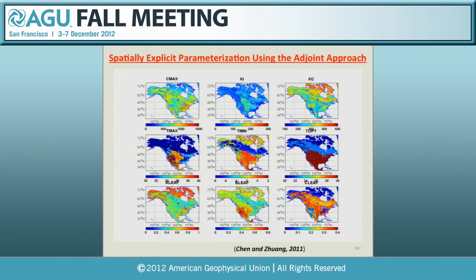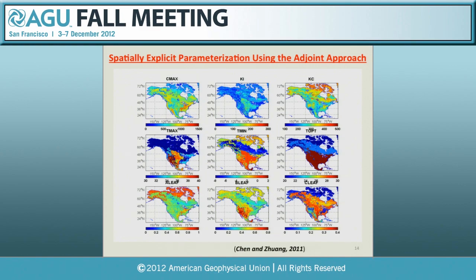And because the adjoint approach is efficient, we can apply it in this case using model GPP data to improve the parameters for each pixel. For example, Cmax is one of the parameters, along with the other parameters associated with ecosystem processes.